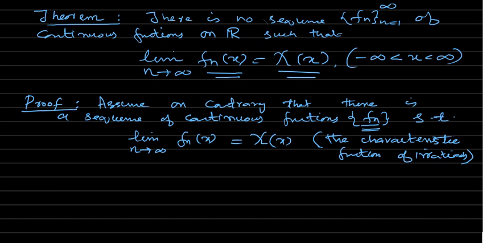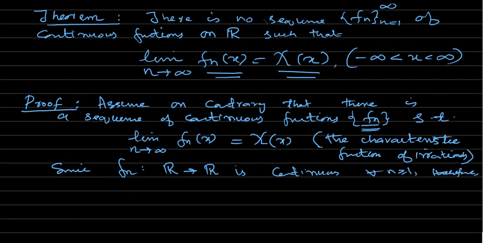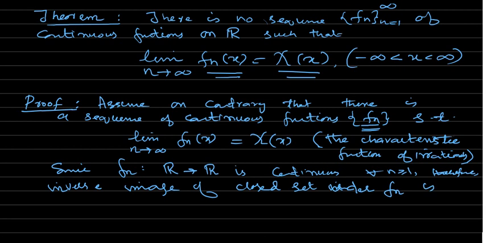So since fn from R to R is continuous for all n greater or equal to 1, therefore the inverse image of a closed set under fn is closed.